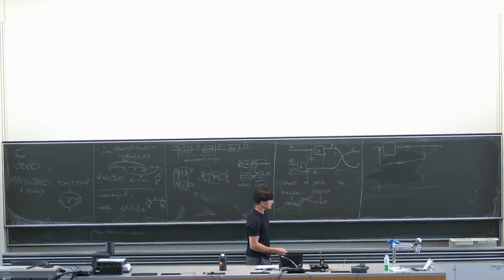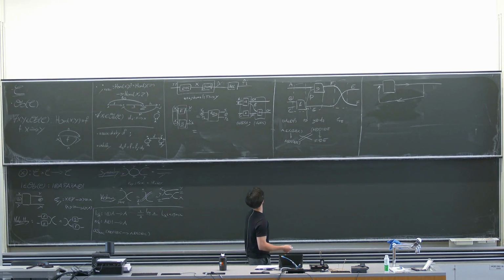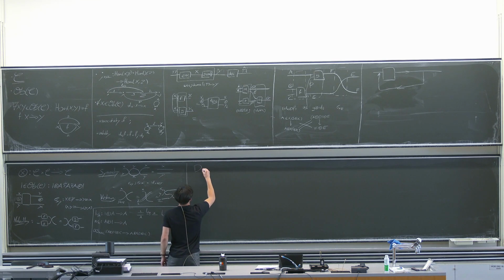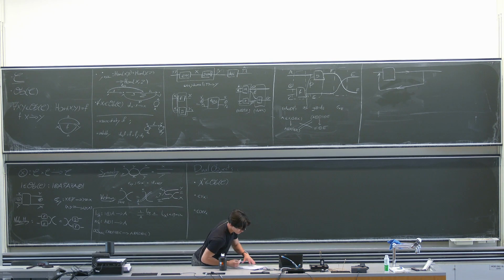Well, in comes dual objects. Because for any monoidal category, an object X has a dual, if there is an object X tick and 2 special morphisms called evaluation of X and co-evaluation of X. And these two, I always do it wrong, so let me just check.